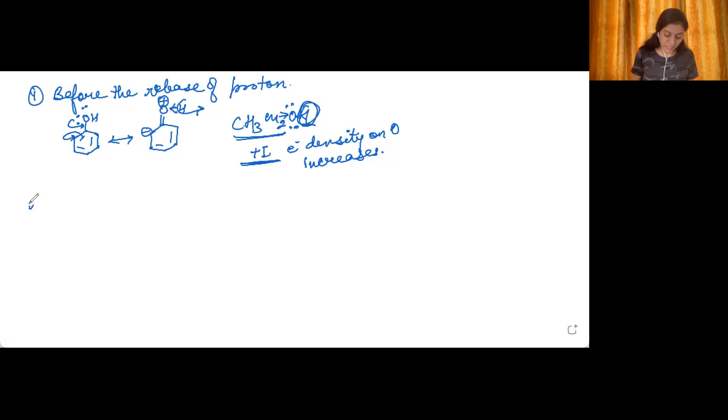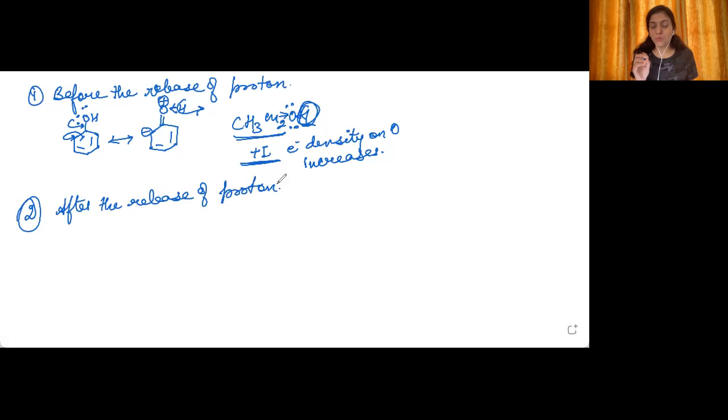The next is the second explanation. The second explanation is after the release of proton. When we are talking about after the release of proton, we need to see the stability of the ion which is formed after the release of proton. In case of phenol, phenoxide ion will be formed when proton is released.